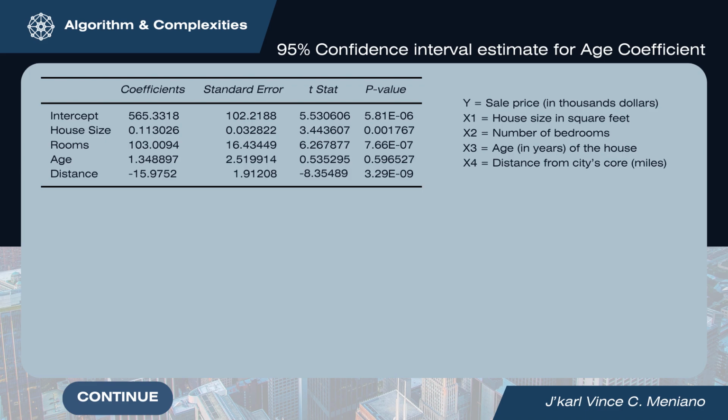Typically, confidence intervals for the coefficients are included in regression software outputs. Nonetheless, to calculate them, the formula is the estimated coefficient plus or minus the t critical value times the standard error of the coefficient. With 95% confidence, alpha is 1 minus 0.95, which gives 0.05.